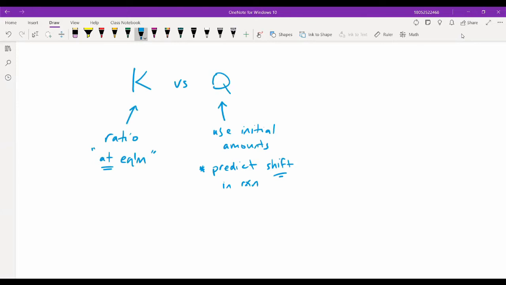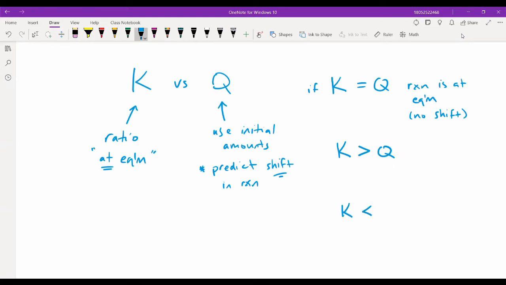You can have three scenarios. One is if K is equal to Q, then the reaction is at equilibrium. This is a no shift. Things at equilibrium will stay at equilibrium.